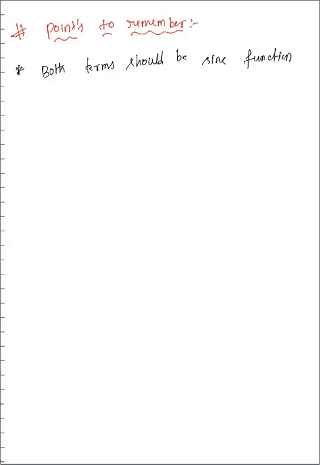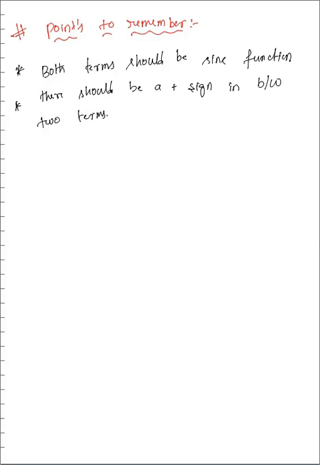The second point to remember is that there should be a plus sign in between the two terms. In the last question it was a negative sign, and we converted it into a positive sign.